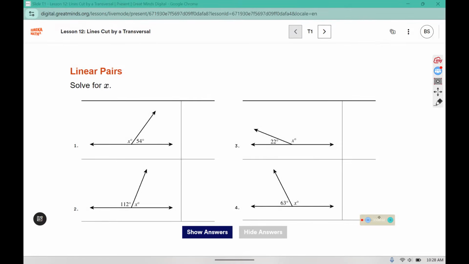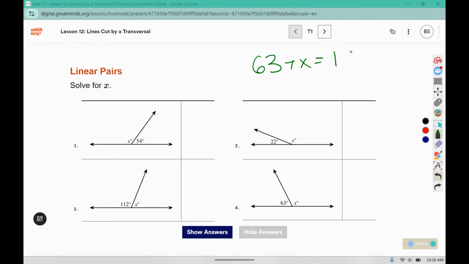All of these are considered straight angles, which form 180 degrees. So we can take 63 plus x equals 180 to solve number 4. Then using algebra, we can move the 63 to the other side. These make 0.